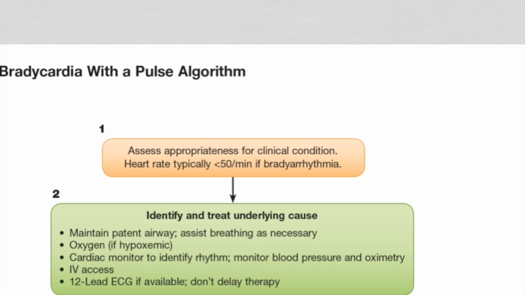The world-leading jump rope world record breaker is going to be walking around with a heart rate in the 50s or below. Your marathon runners are going to have typically lower heart rates than anyone else. So again, assess for the appropriateness for their clinical condition.